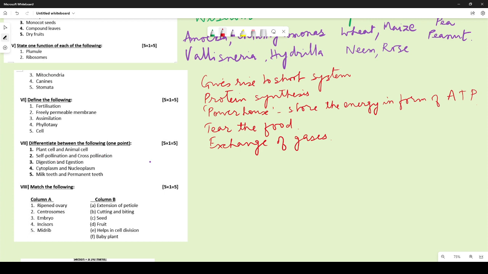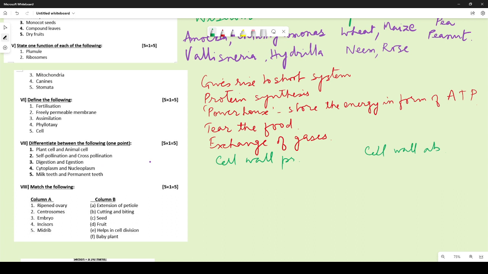Differentiate between plant cell and animal cell. Only one point you are supposed to give. So for one point we can say that plant cell has cell wall present, animal cell has cell wall absent, right? This we can write as a difference. Now self-pollination and cross-pollination.